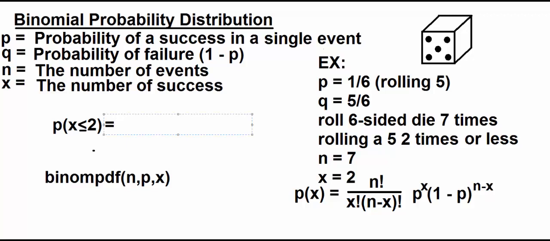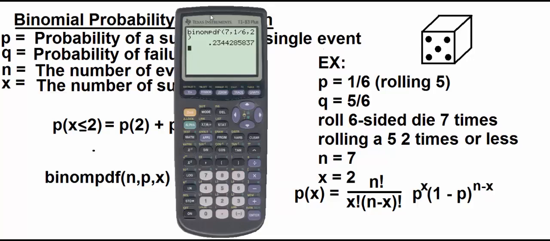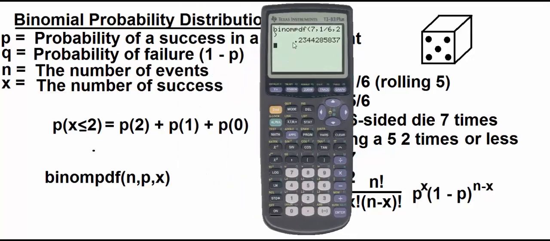So that would be the same as the probability of having exactly 2, which is what we just calculated on the calculator, plus the probability of exactly 1, plus the probability of exactly 0. Now, I can do that in my calculator. I could add all 3 of these probabilities together. I could do binomPDF 7, 1/6, 2, binomPDF 7, 1/6, 1, binomPDF 7, 1/6, 0. But that's a little cumbersome.